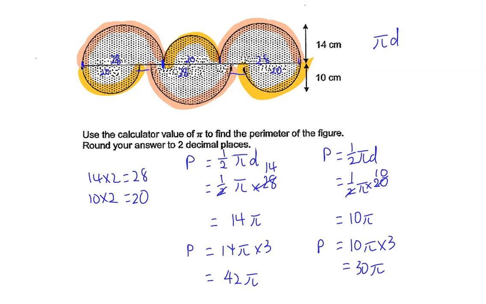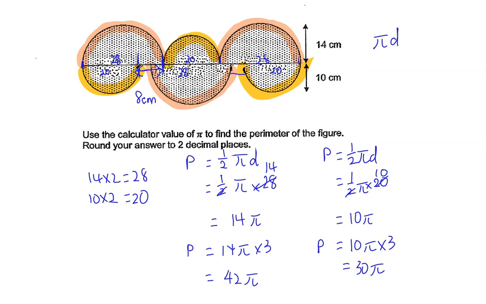So you take 28 minus 20, and we will find that this portion here will be 8 centimeters, correct?